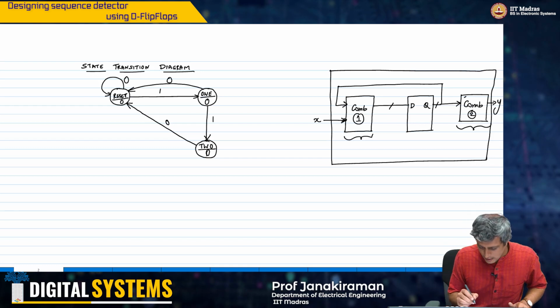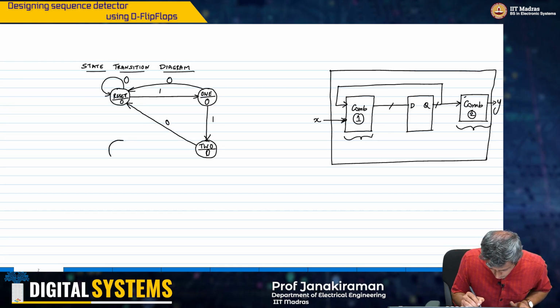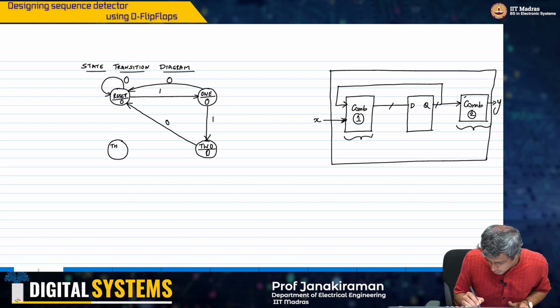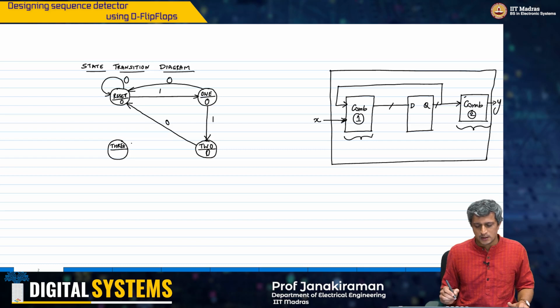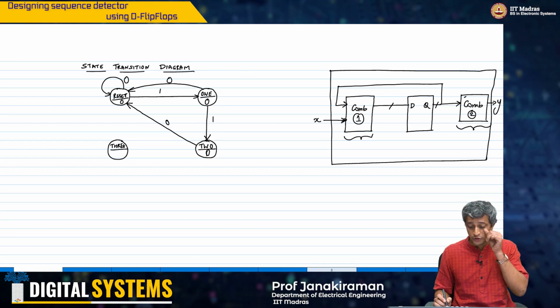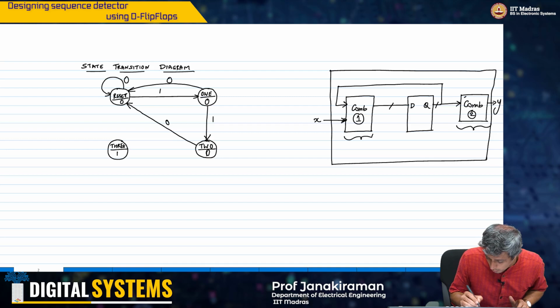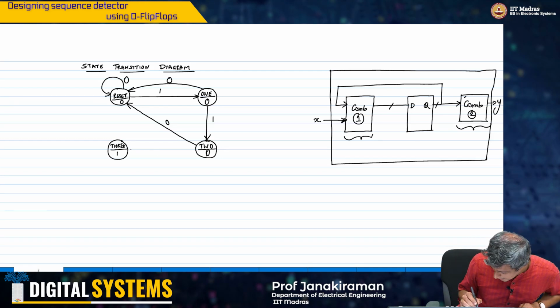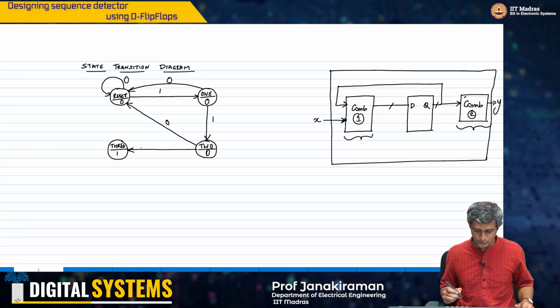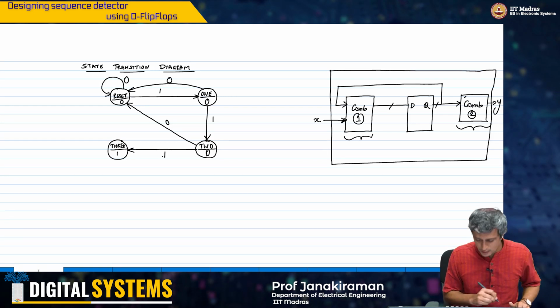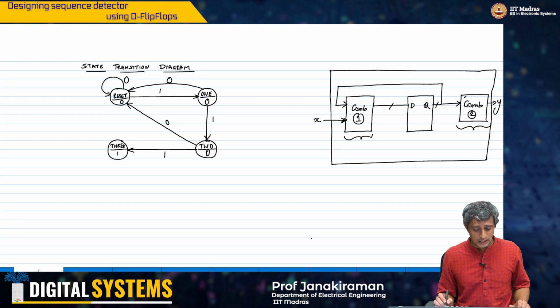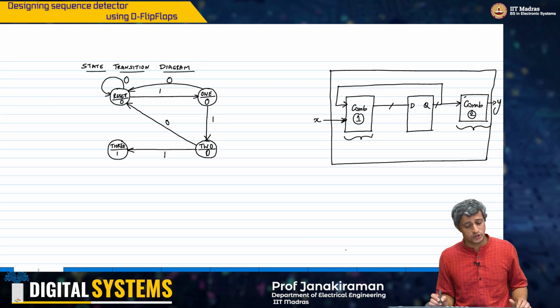okay? And finally you move to state 3, that means you have seen 3 ones, you can output a 1 here, okay, so this is a 1, and you have seen a 1 there and therefore you just remain.